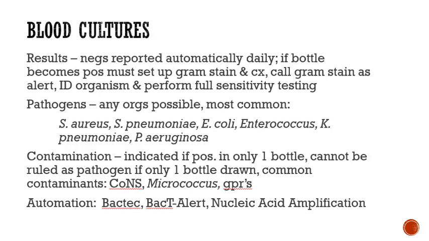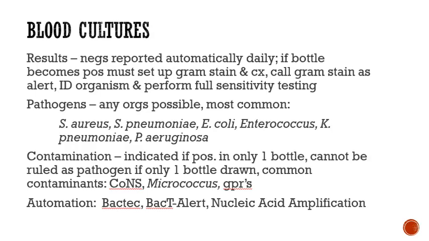We would need to treat that as a pathogen. Some of the common contaminants are gram-positive rods and your coag-negative staph, micrococcus, but full sensitivity would be performed on all identified organisms that are considered pathogens.